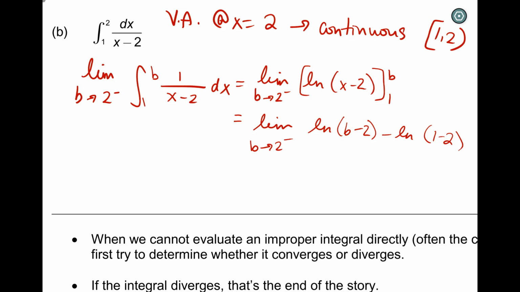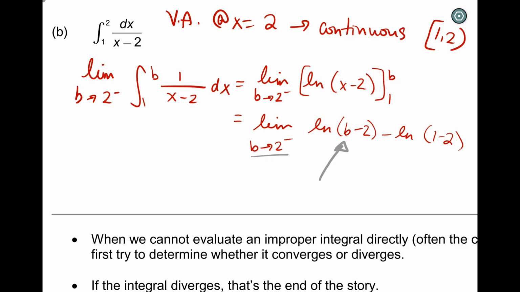So as b approaches 2, as we get closer and closer to 2, the number inside here is getting smaller and smaller. It's getting closer and closer to 0. So as b approaches 2, what's happening to this term?